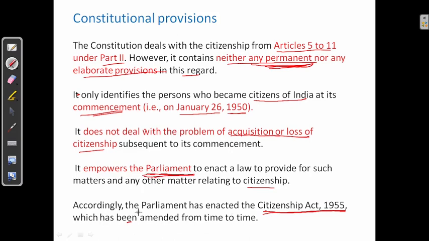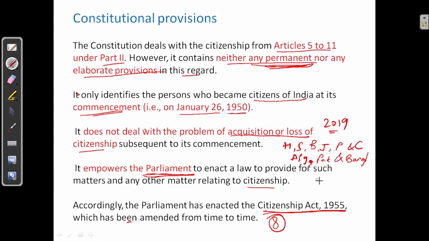Accordingly, the Parliament has enacted the Citizenship Act 1955, which has been amended from time to time. So far it was amended 8 times, the recent one being in 2019. The Citizenship Act of 2019 gives eligibility for Indian citizenship to illegal migrants who are Hindus, Sikhs, Buddhists, Jains, Parsis, and Christians from Afghanistan, Pakistan, and Bangladesh.